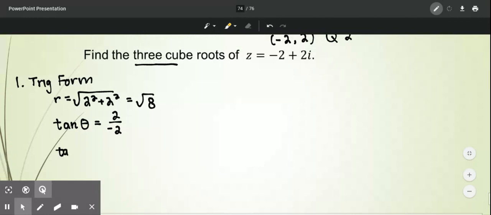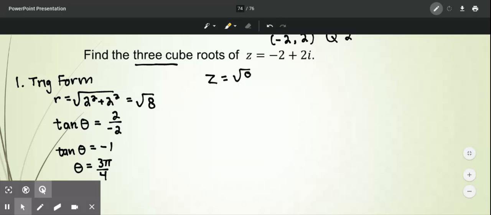So tangent of theta will equal negative 1 in quadrant 2 when theta is 3 pi over 4. So our number in trig form is the square root of 8, or you could simplify to 2 root 2, times the cosine of 3 pi over 4 plus i sine 3 pi over 4.